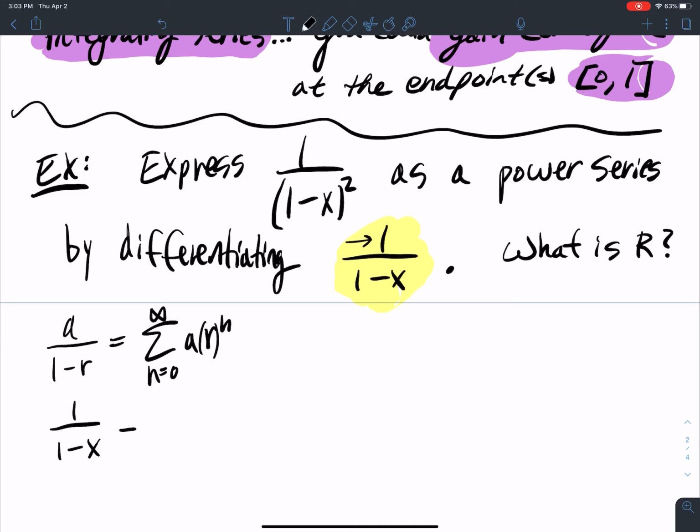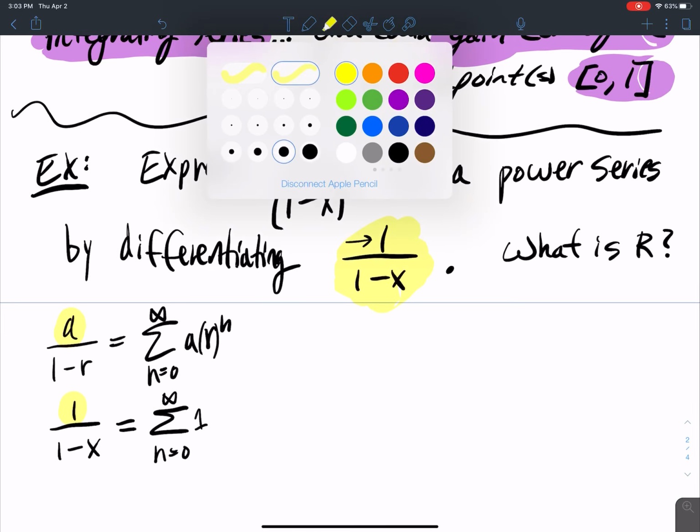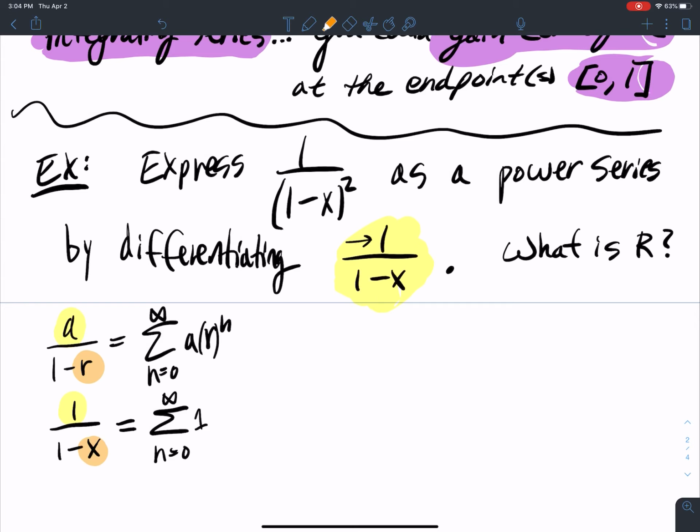Everywhere I see an a, I'm going to replace it with 1, and everywhere I see an r, I'm going to replace it with x. So I have x to the n right here. Not too bad. So this is 1 plus x plus x squared plus x cubed plus x to the 4th, and so on.